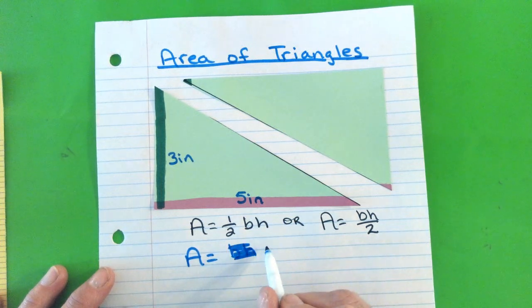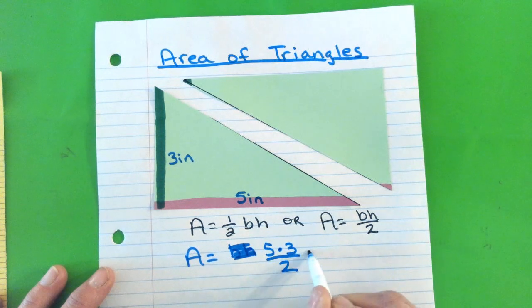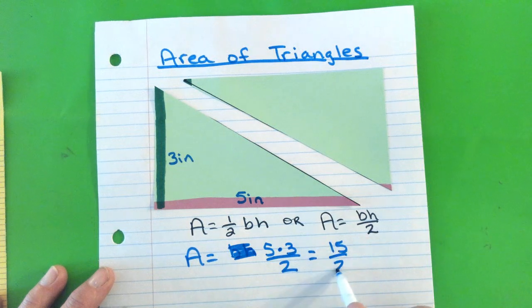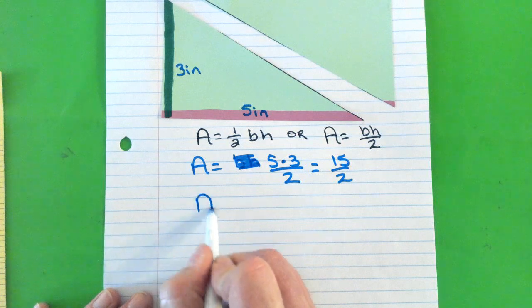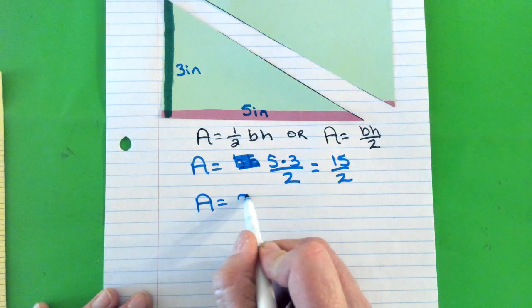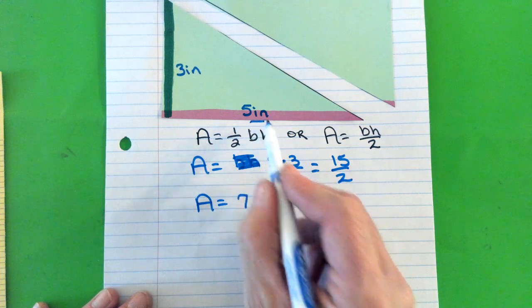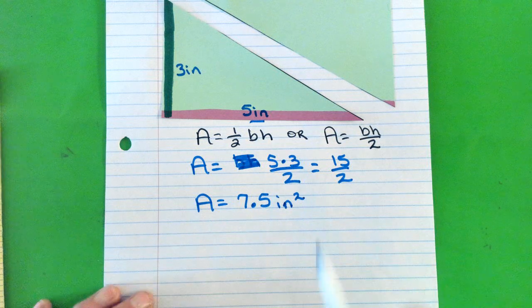Don't write that. 5 times 3 divided by 2. So the area is equal to 15 divided by 2. And so 15 divided by 2 is, area is equal to 7.5. We're still in inches, and they're still in square units.